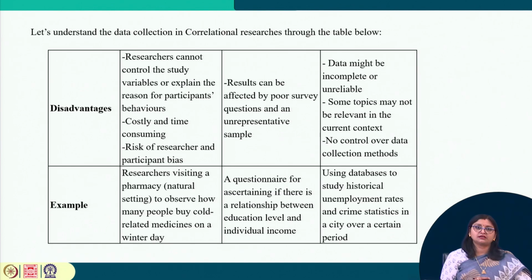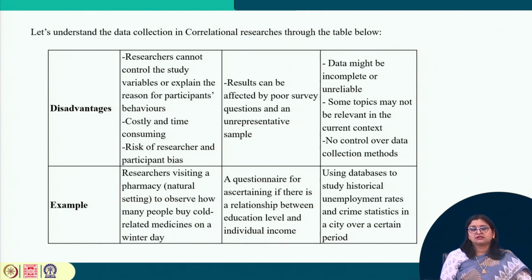Whereas in the survey method, results can be affected by poor survey questions and an unrepresentative sample, or maybe someone else has filled up the Google Form for someone else. So, this can be a disadvantage. And the data might be incomplete or unreliable if you are going for the archival method, and some topics may not be relevant in the current context, with no control over the data collection method and authenticity of the data also.